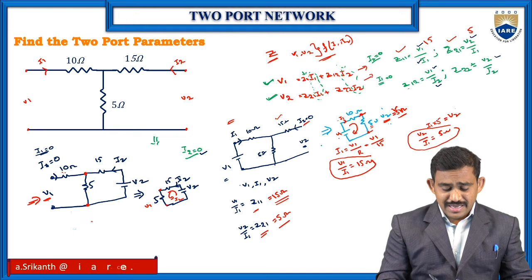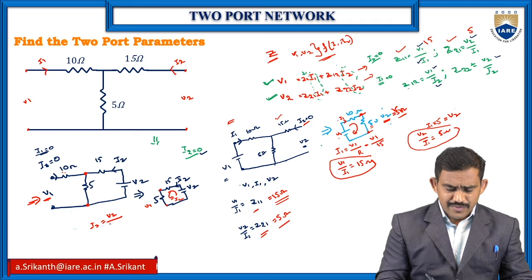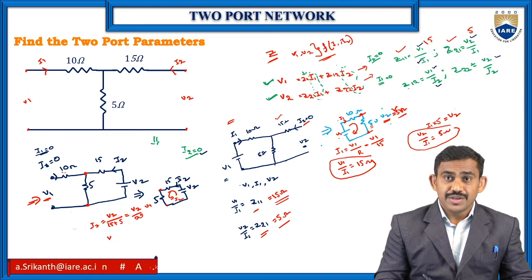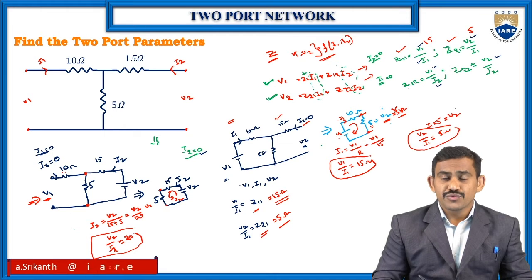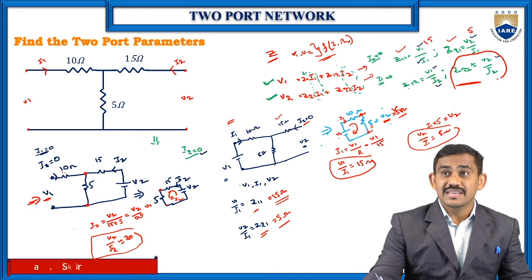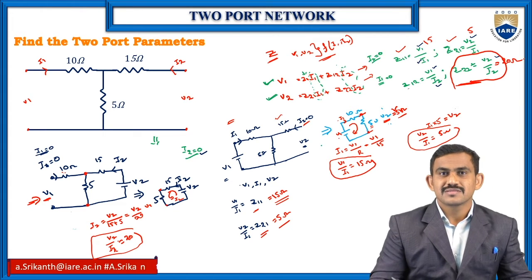So I2 equal to V2 by your total R. What is your total R? 15 plus 5, so V2 by 20. Then V2 by I2 equal to 20 ohms, which is nothing but Z22, that is 20 ohms.